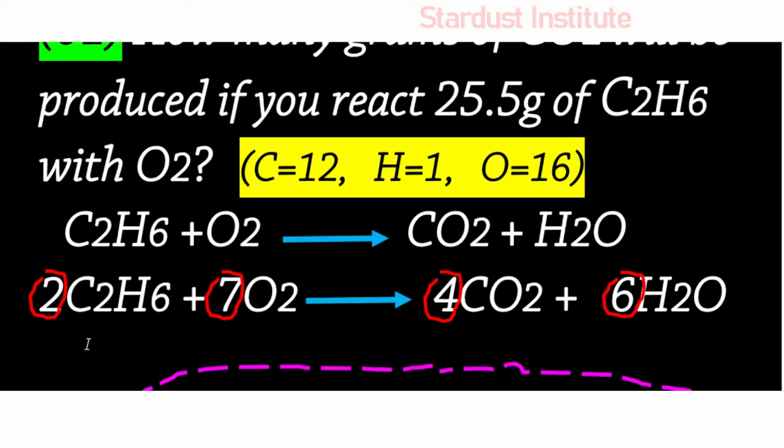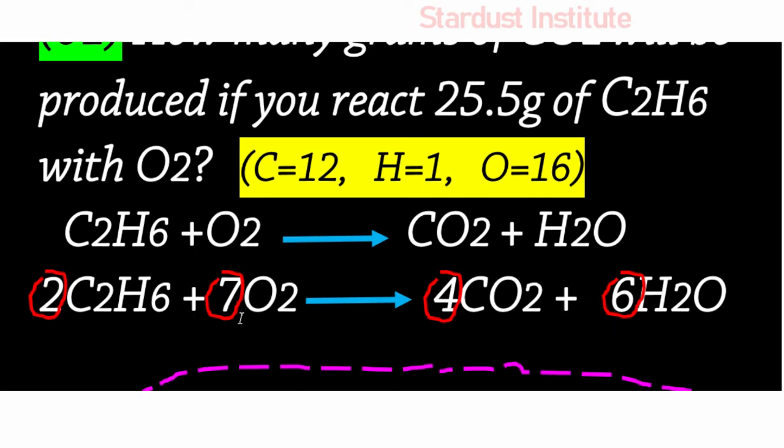You can see on the left hand side 4 carbons, 2 times 2, 4. On the right hand side also 4 carbons. On the left hand side 12 hydrogens, 2 times 6, 12. On the right hand side 6 times 2, 12 hydrogens.